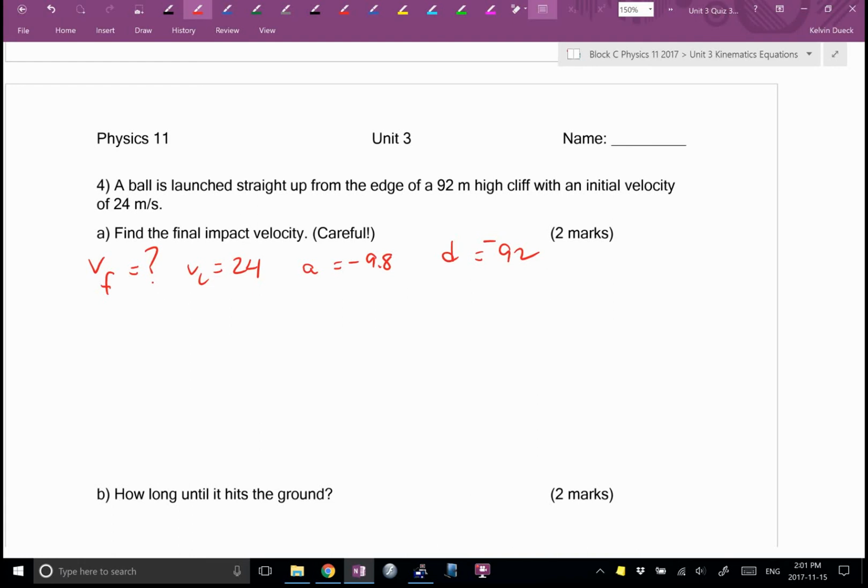It's really quite nice. I'm going to look for Vf squared equals Vi squared plus 2AD, except it gives me Vf squared. How do I get rid of a squared?